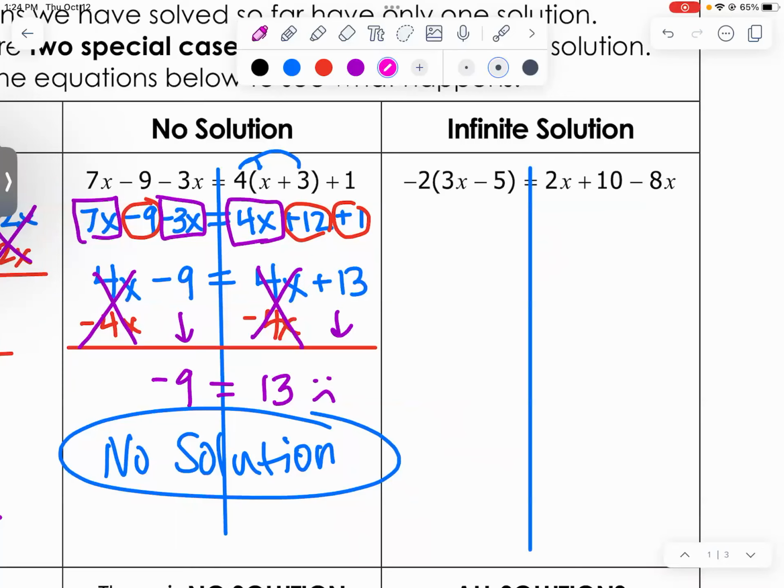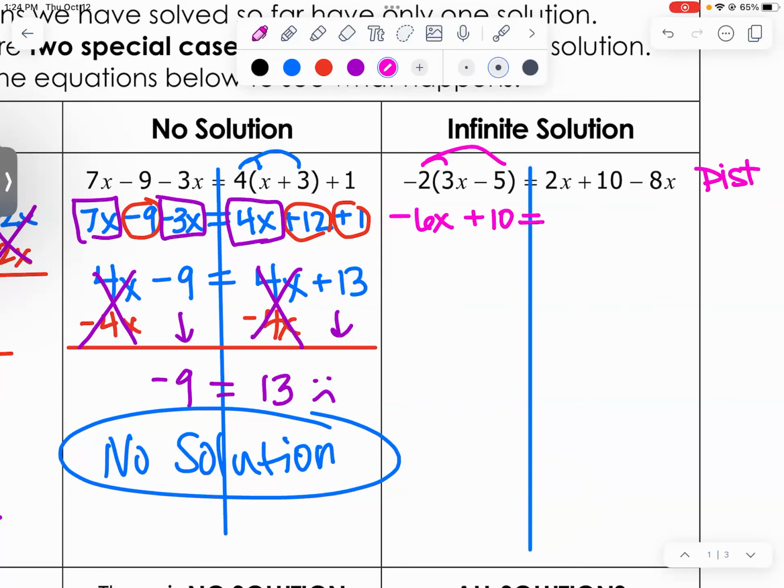Okay, so our first step is to do what? Distribute. We have parentheses, so we are going to distribute. Negative what x? Negative 6x. Minus negative 10, or we can say this is a negative 2 times a negative 5, so it becomes plus 10.